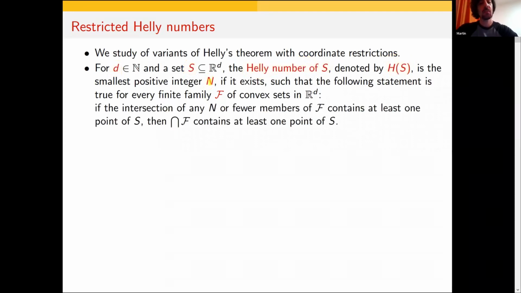If the intersection of n or fewer members of F contains at least 1 point of S, then the intersection of all convex sets from F contains at least 1 point of S. So this is analogous to the statement that we had in Helly's theorem, but here we require intersections to contain a point from our point set S. So we are not happy with some arbitrary intersection. We really want to have points from our point set S inside the intersection.